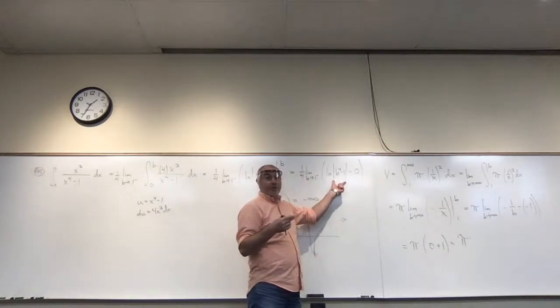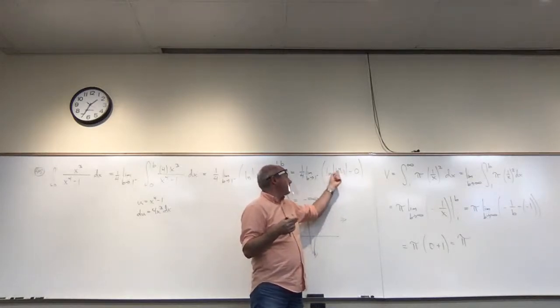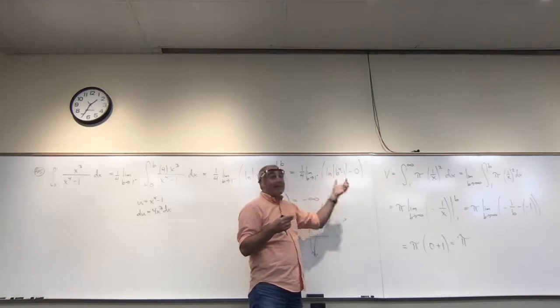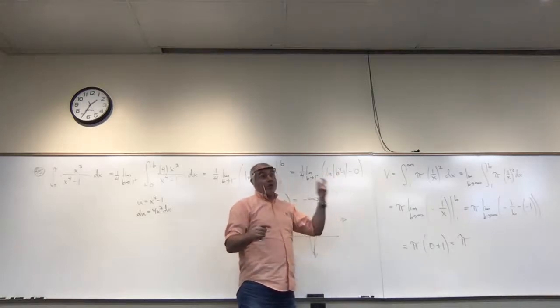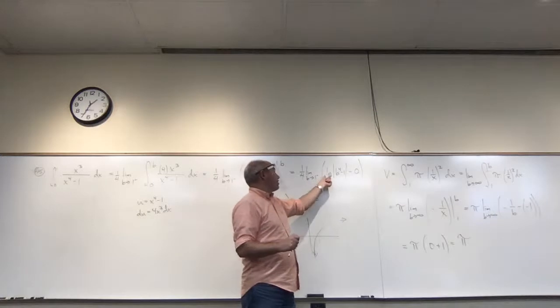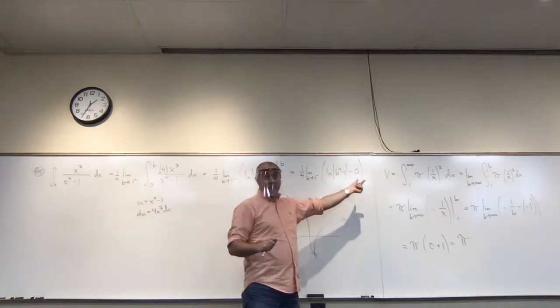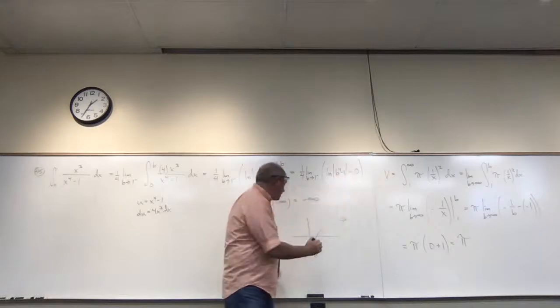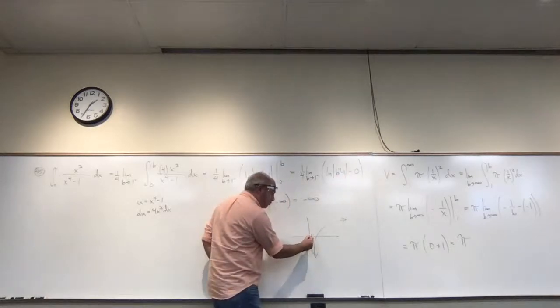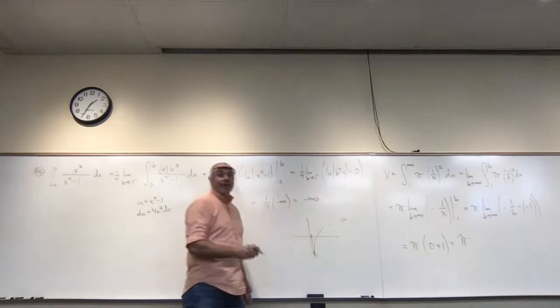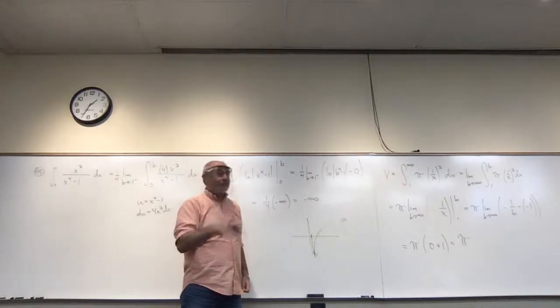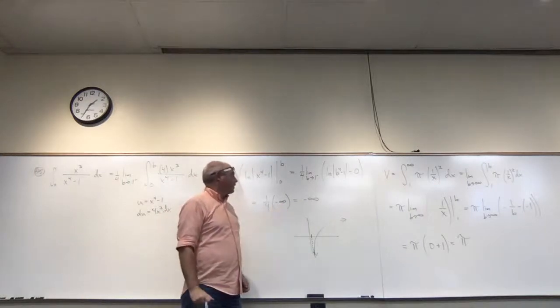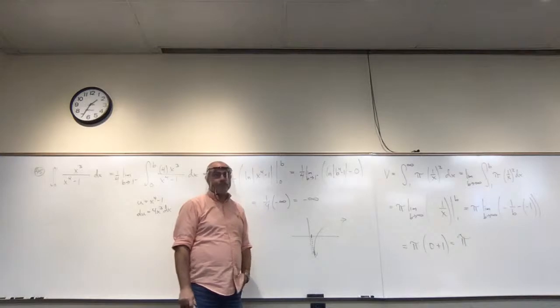Would you agree with me? Yes. So once I do this and take the absolute value, I get a very small positive, which is good because there's no such thing as ln of a negative number. Does that make sense? Yeah. So I get a very small positive number, which gives me a very, very negative number. And that's where we get our negative infinity from. Does that make sense? Yes, sir.